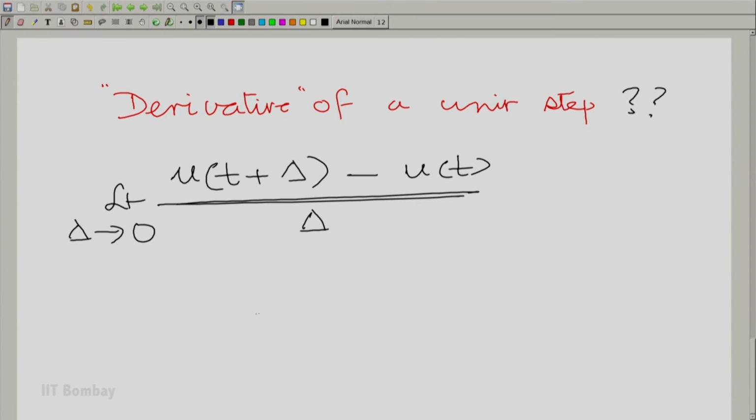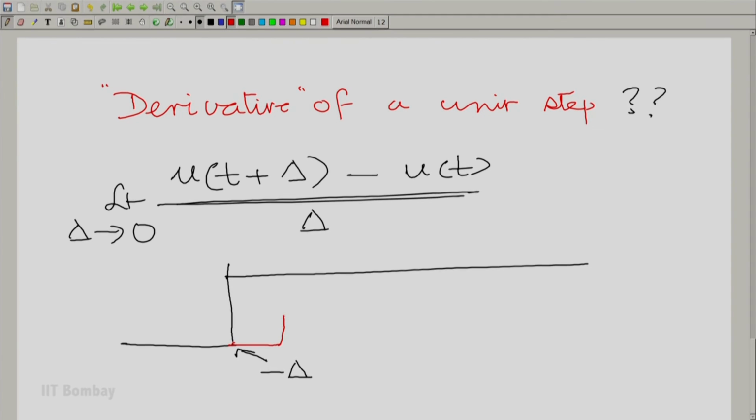And let us sketch u(t + δ). So, u(t + δ) starts from minus δ here, and let us sketch u(t) of course. u(t) starts δ after. This is u(t) and this is u(t + δ).